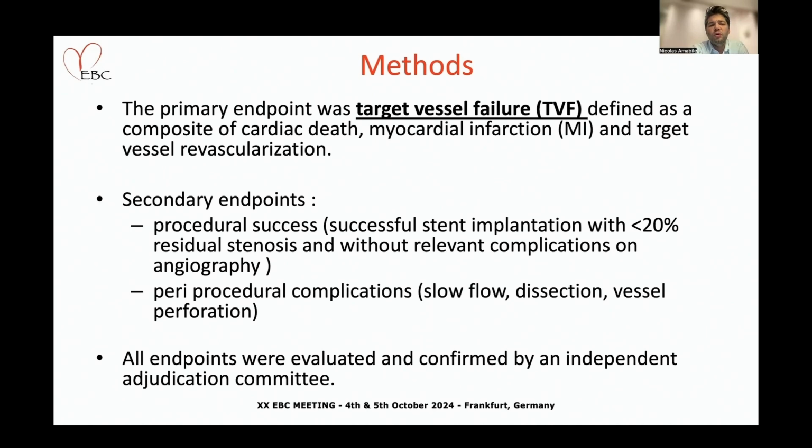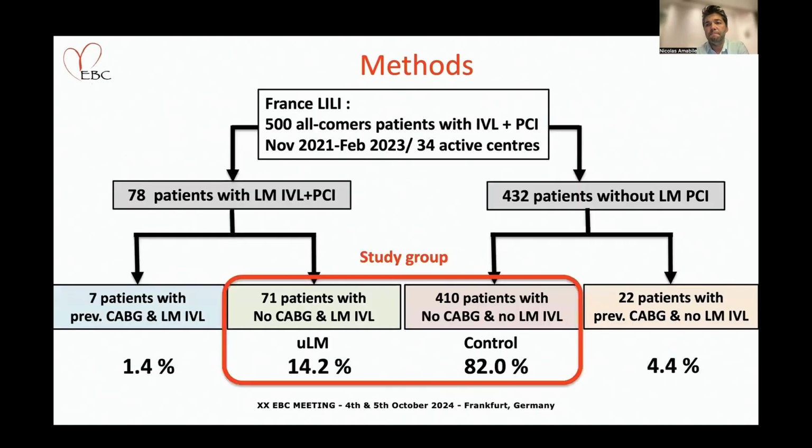We also identified and collected the incidence of peri-procedural complications such as slow flow, dissection, or vessel perforation. All these endpoints have been evaluated and confirmed by an independent adjudication committee.